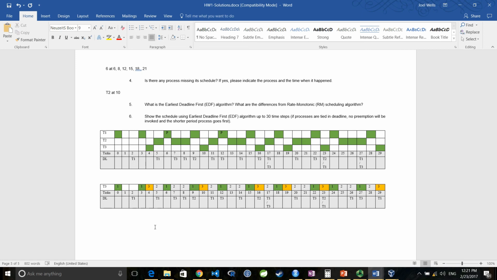Your textbook points out EDF is a dynamic algorithm. So it's a little bit more computationally intensive as well. Justin, could I ask, what are the differences between earliest deadline first and rate monotonic? If you said earliest deadline first is dynamic, that would be a difference? It would absolutely be a difference. If I asked this question on a test, that would be a great answer.